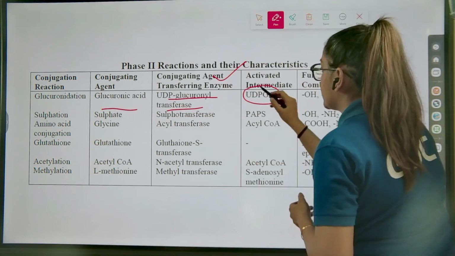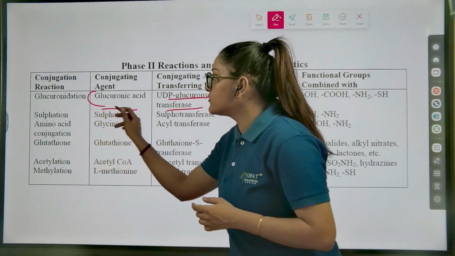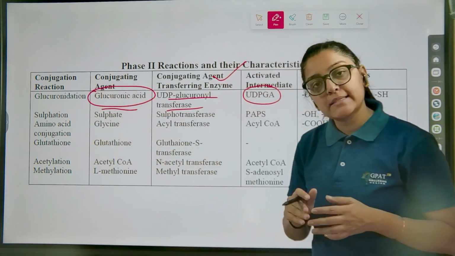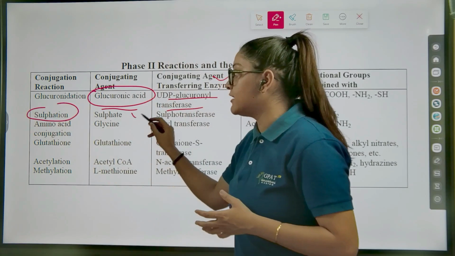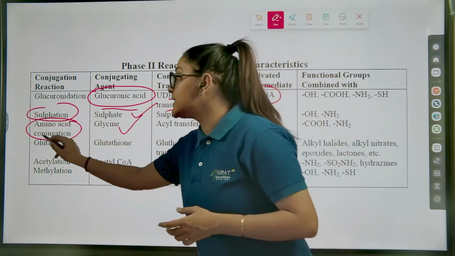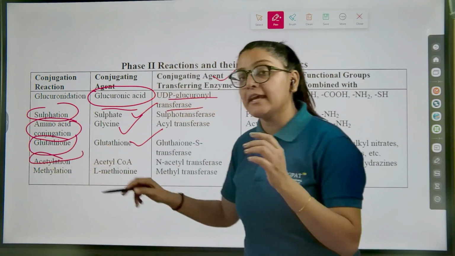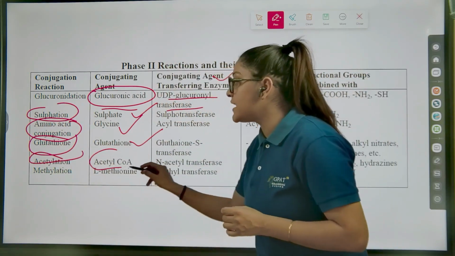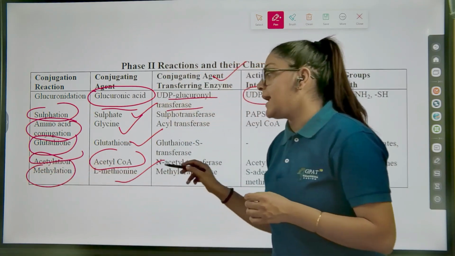This is the inactive intermediate. So it is ultimately going to bind to the glucuronic acid as conjugate. In sulfation we have sulfate. In amino acid conjugation we have glycine. In glutathione conjugation we have glutathione as the conjugating agent. In acetylation, very important, we have acetyl coenzyme A. In methylation we have L-methionine.